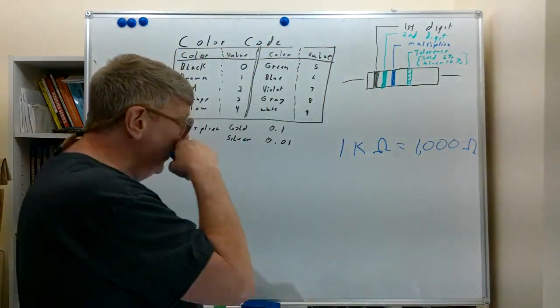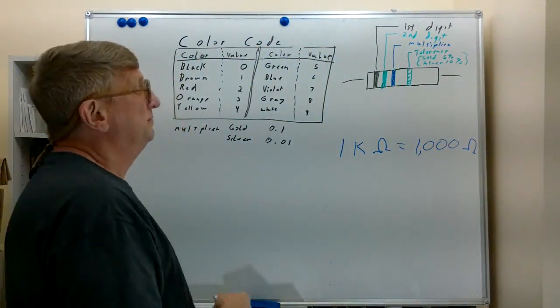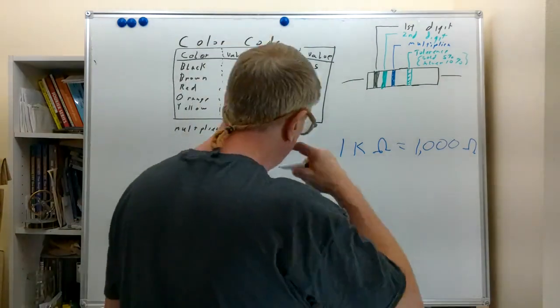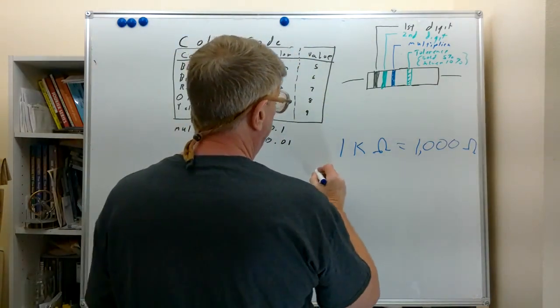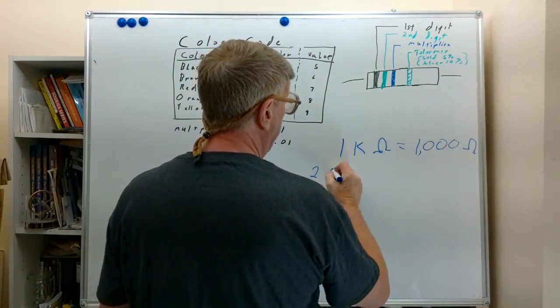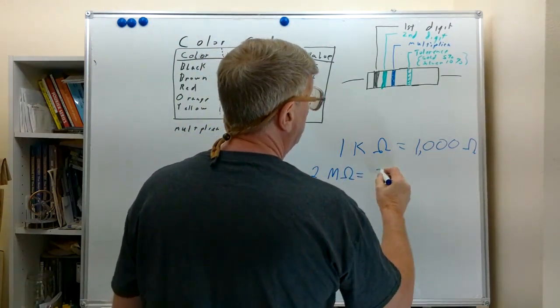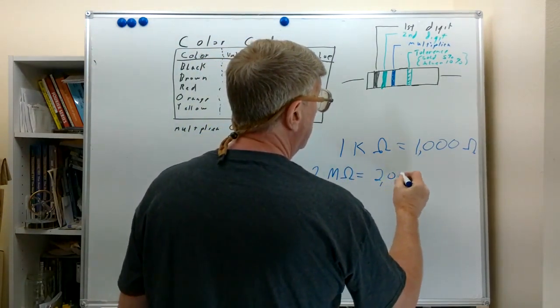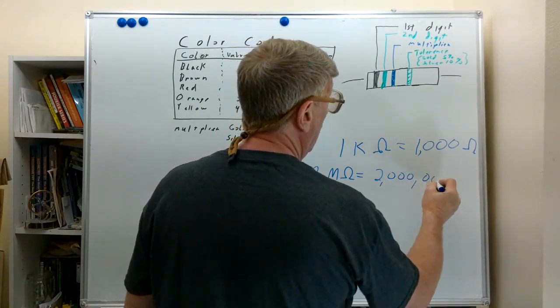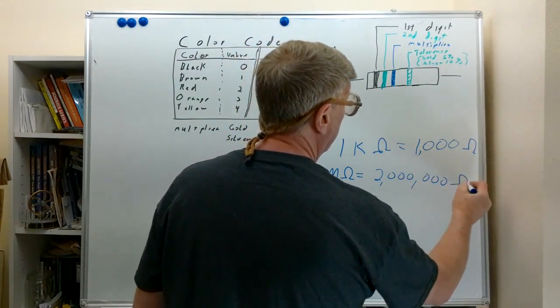So the kilo is a prefix that means times 1,000. If we have 2 megohms, and we use an M, megohms, that's equal to 2 million ohms.